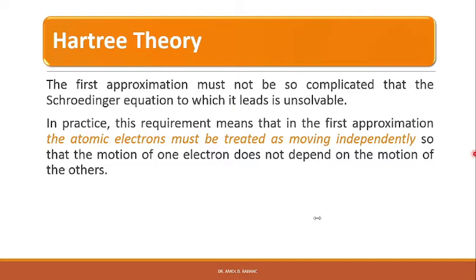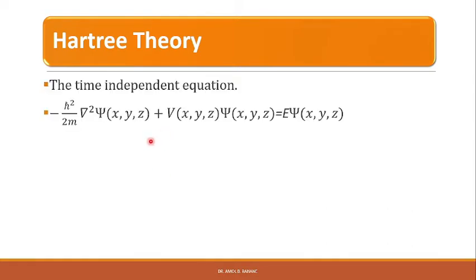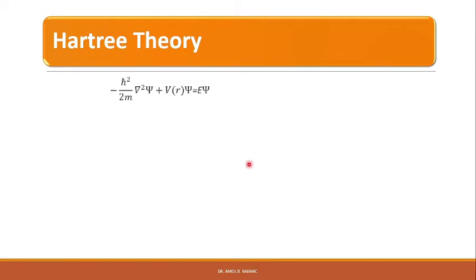Therefore, the motion of one electron does not depend on the motion of the other electron. Then the time independent Schrodinger equation for the system can be separated into a set of equations, one for each electron, which can be solved without too much difficulty since each involves the coordinates of a single electron only.